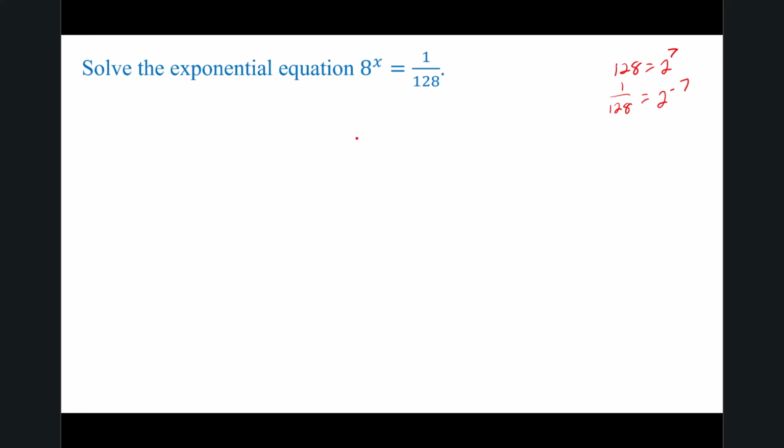So I could rewrite this equation as 2 to the 3rd to the x power, because 8 is 2 to the 3rd, equals 2 to the negative 7th. So I have 2 to the 3x equals 2 to the negative 7th. So I have 2 as my base, 2 to some power equals 2 to some power. I can set my exponents equal to each other, and I get x equals negative 7/3.